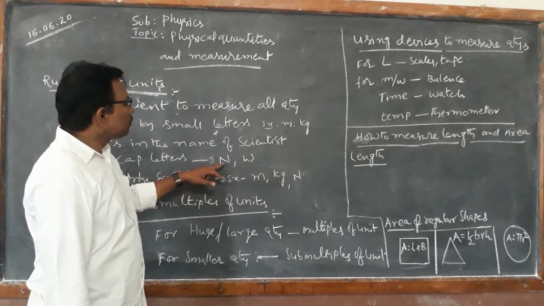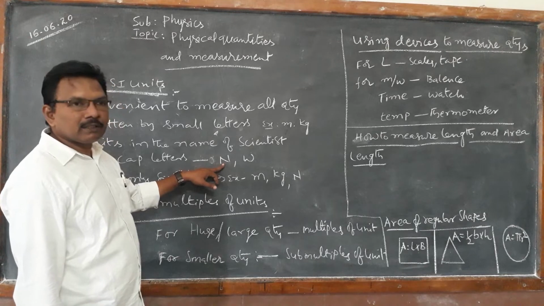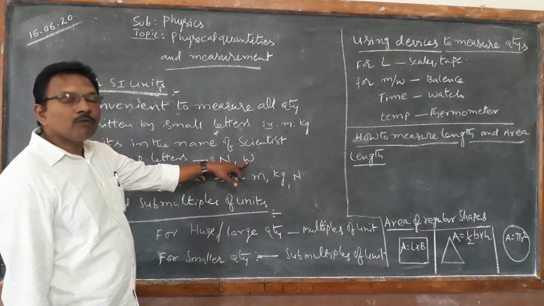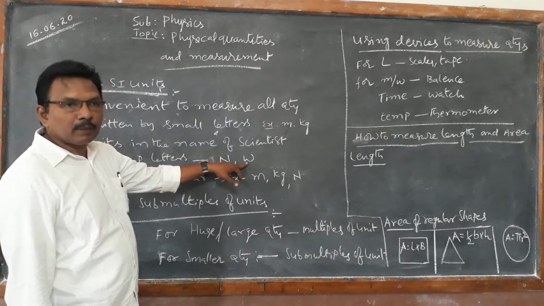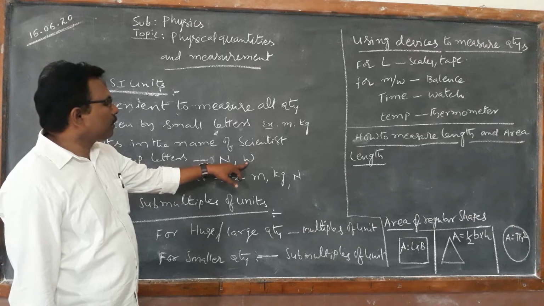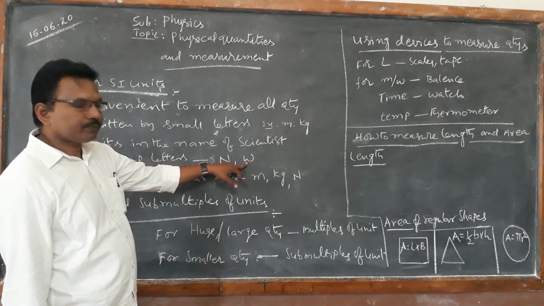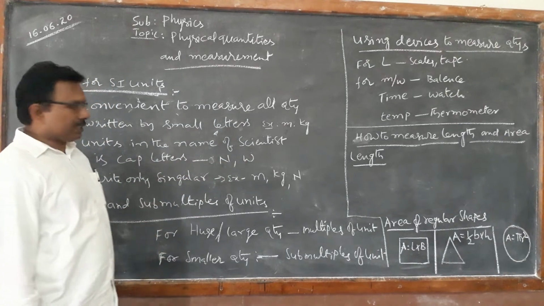For example, newton, the unit of force, is written with a capital letter. Watt, the unit of power, is named after a scientist and begins with the capital letter W.